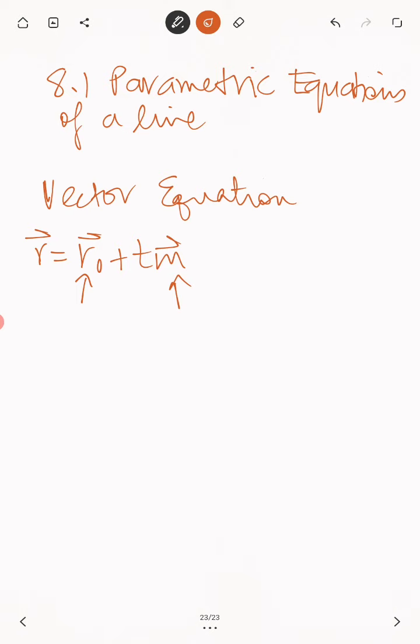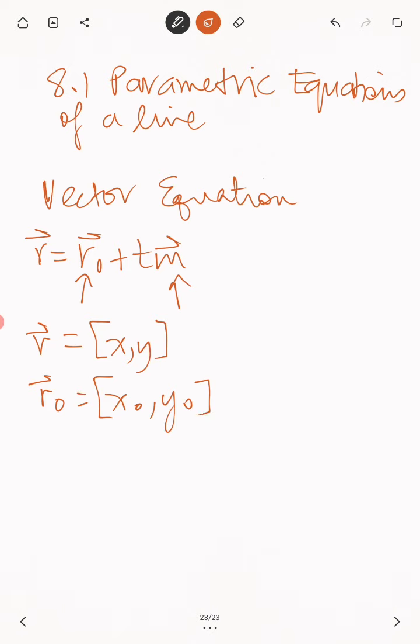Now, since r is a vector, in general, we can write it as (x, y), with x and y being the components of that vector. And since we're using (x, y) for r, let's use (x naught, y naught) for r naught, and let's use (m1, m2) to describe the direction vector m.